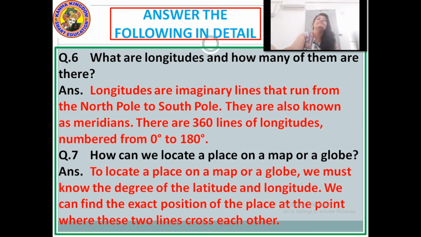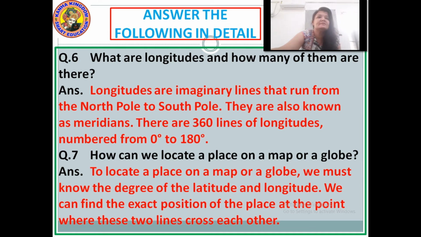They are also known as meridians. There are 360 lines of longitude, numbered from 0 degree to 180 degrees.